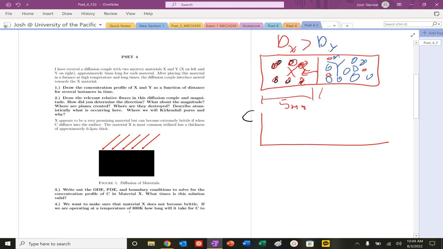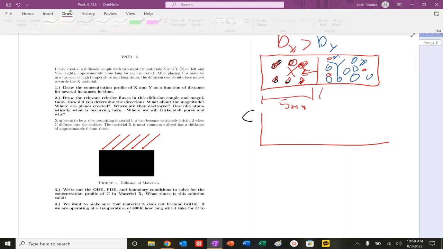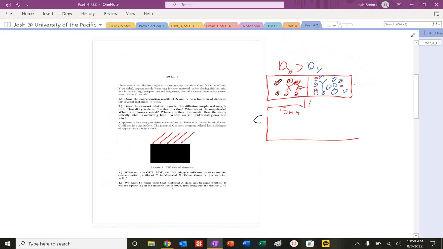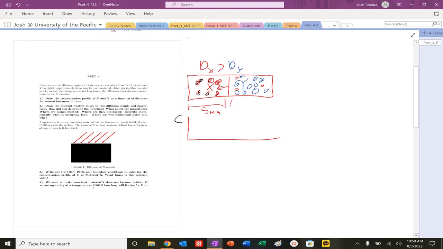If I know that, I also know that the sum of the fluxes in the C frame, let's zoom out a little bit, the flux of X plus the flux of Y plus the flux of my vacancies must be equal to 0.